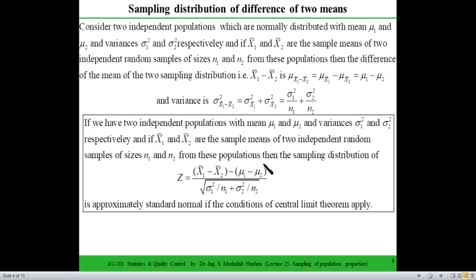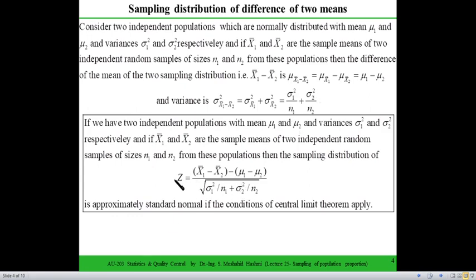So from these populations, the sampling distribution, which represents the probability, would be calculated from this formula for z. In the numerator you are dealing with the difference of the sample means, minus the difference of the population means, divided by the square root of their variance.